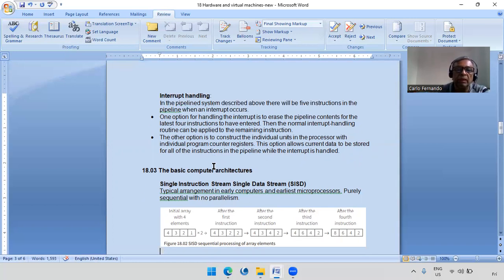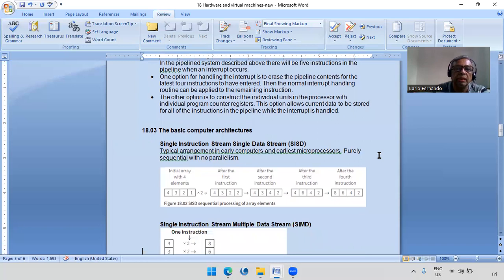The basic computer architectures. Let's take the SISD. Now the name: single instruction stream, single data stream. If you take the abbreviation, the initials are single instruction, SI, single data, SD. The word stream is not counted, the initials don't count.